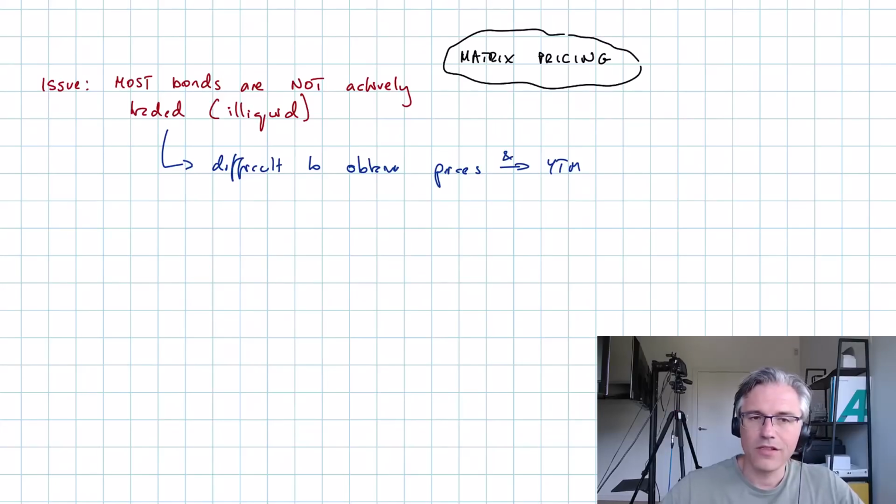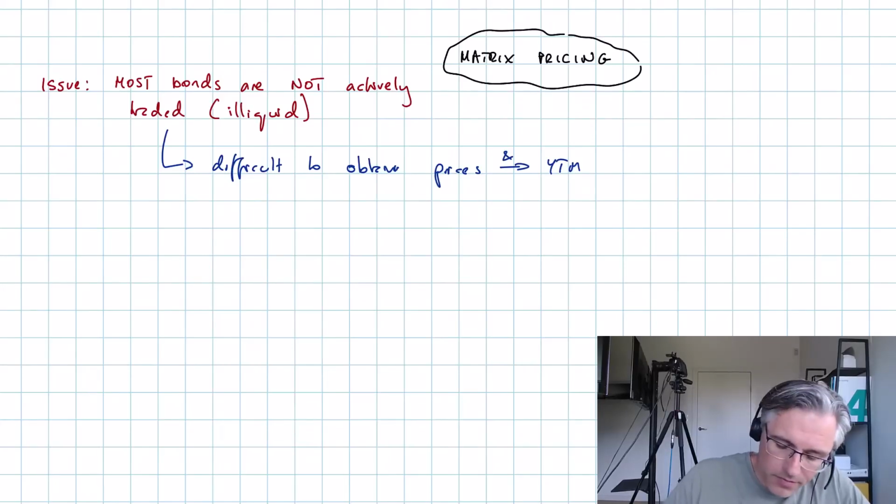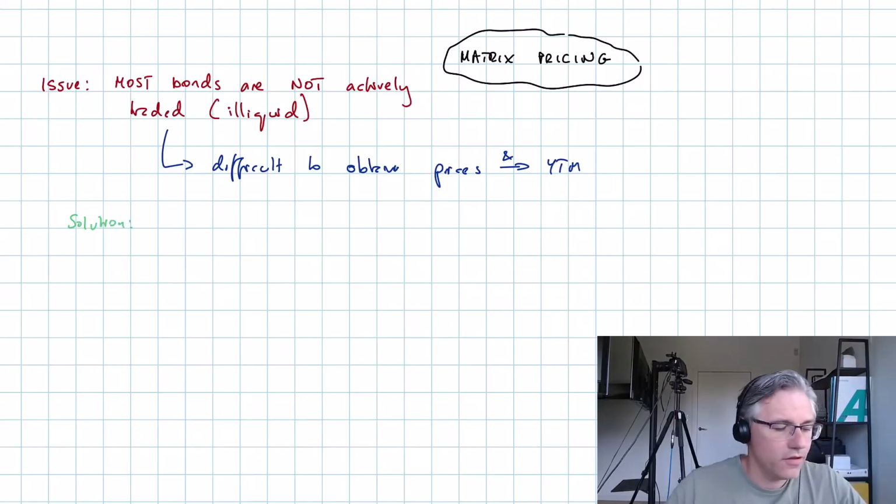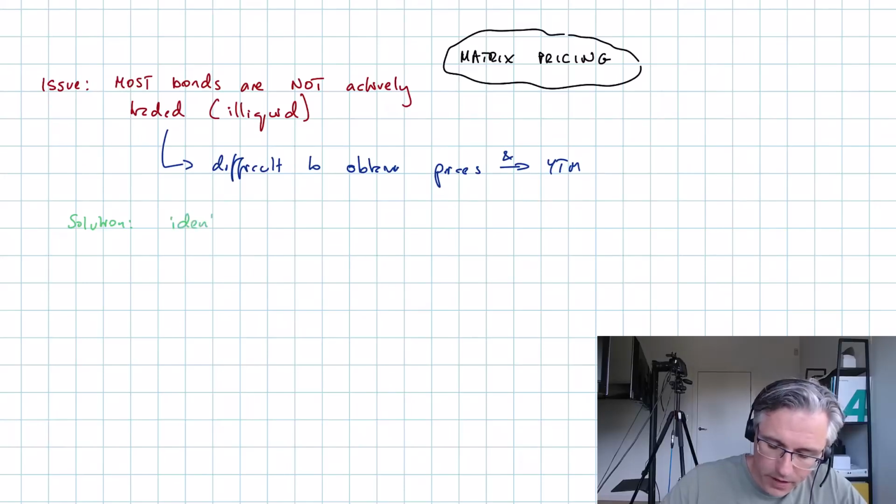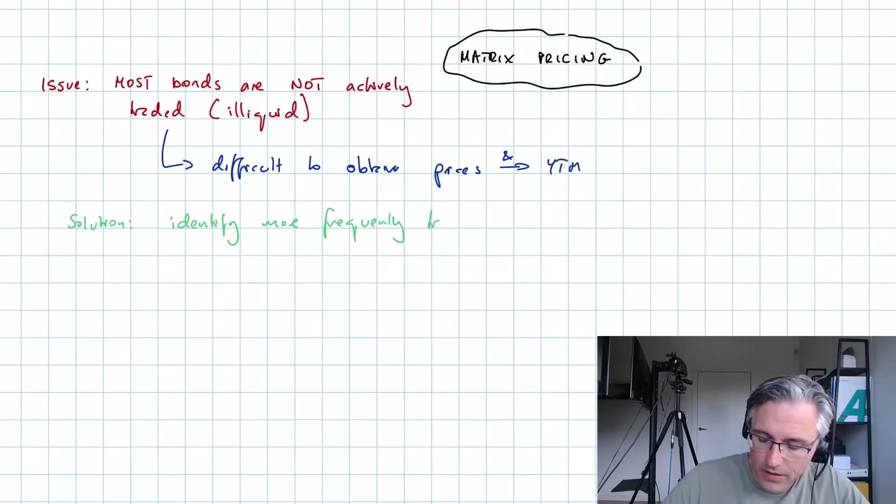So the solution to that problem is quite simple. You identify more frequently traded instruments.